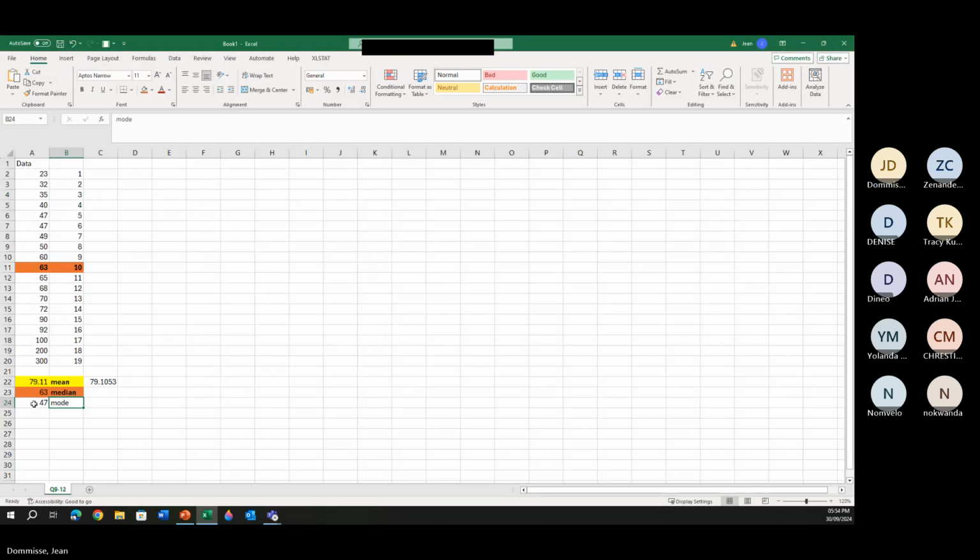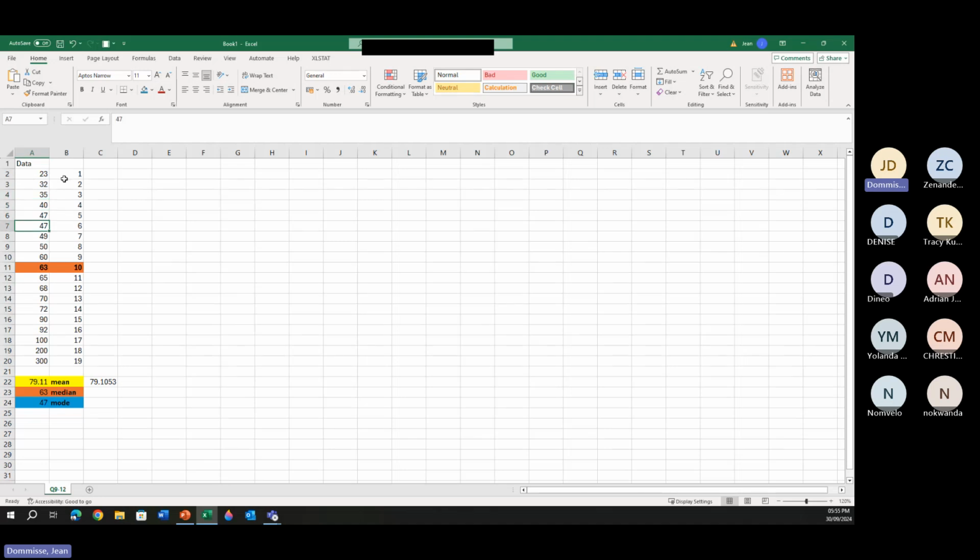So let's quickly look at the data again, before we just assume Excel was right. So for the mode, 23, 32, 35, all of them appear once, 40 once.